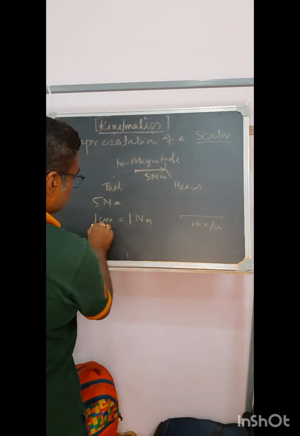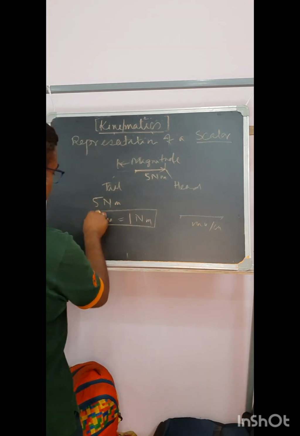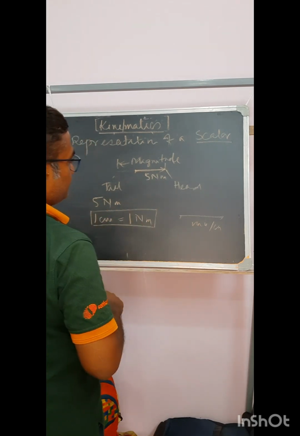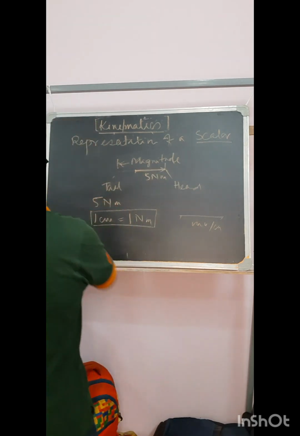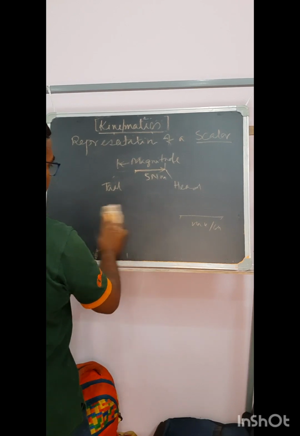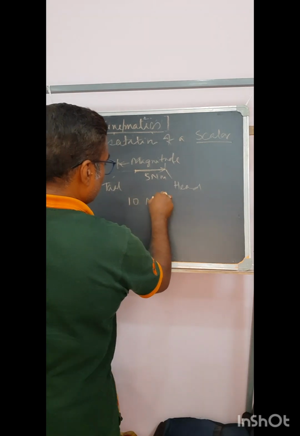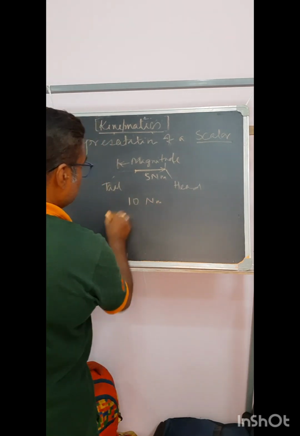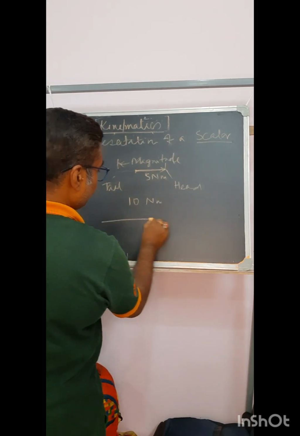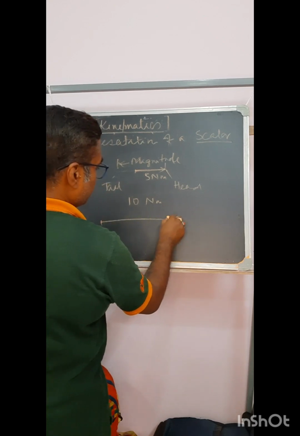Here I say that the proportionate value of 1 Newton meter is 1 centimeter. Now for similar vectors, if I have to denote with this proportion, let's say 10 Newton meter, then this line length will be 10 centimeters.